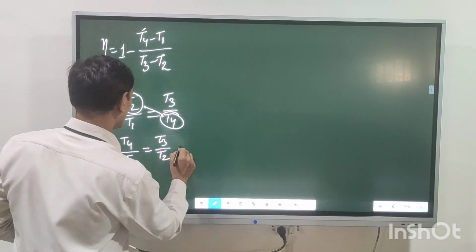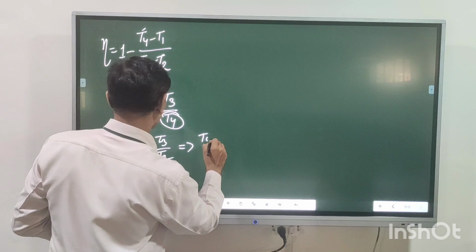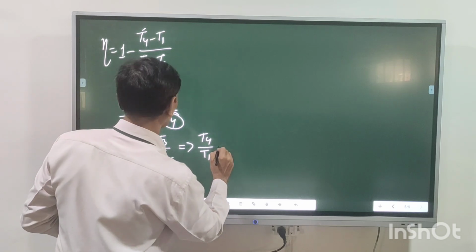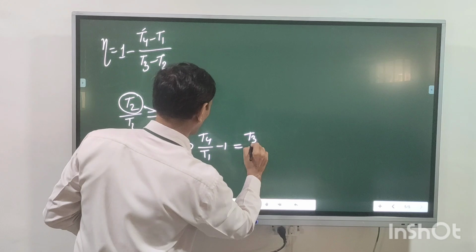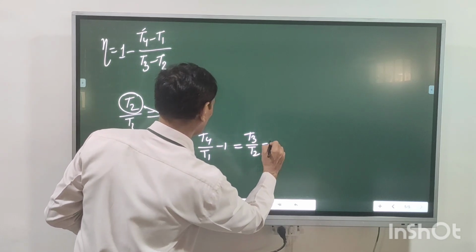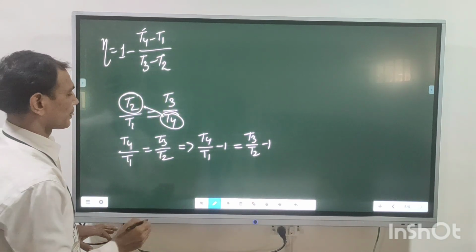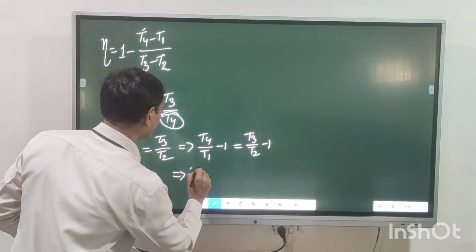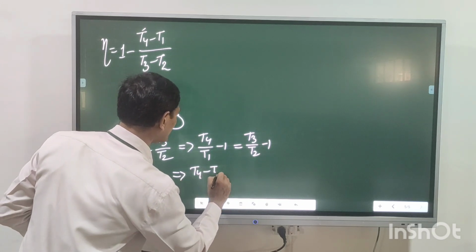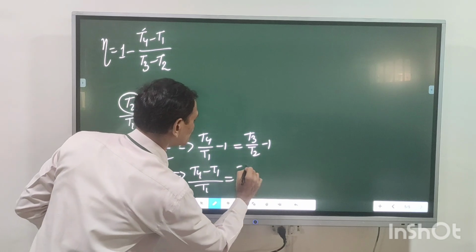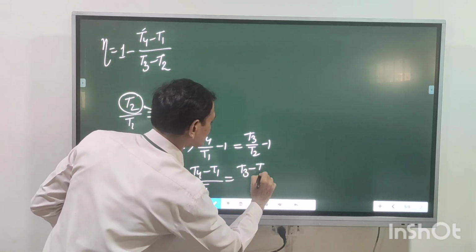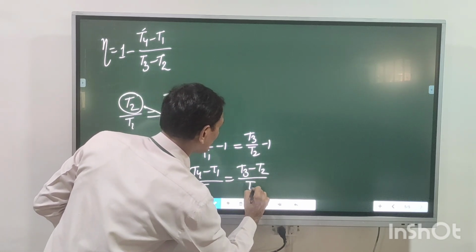And we can subtract 1 on both sides. So we can write (T4 minus T1) by T1 is equal to (T3 minus T2) by T2.